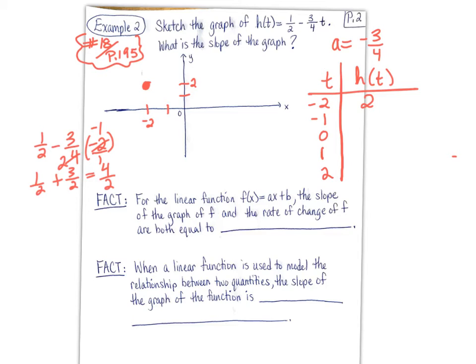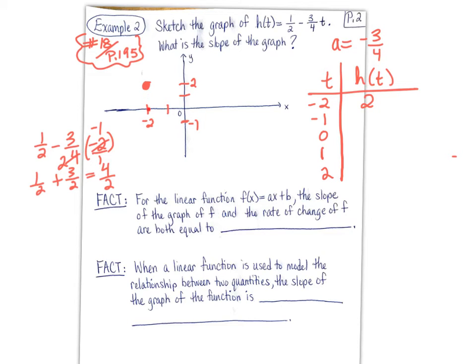Very good. So you would go down 3. So 1, 2, 3. So go down 3, and over 4.